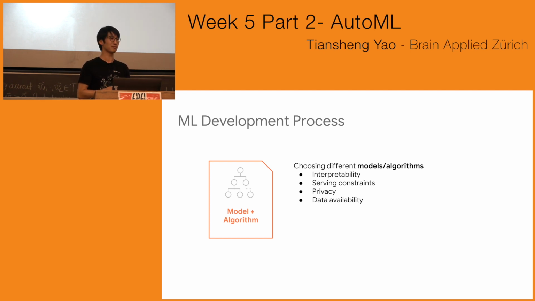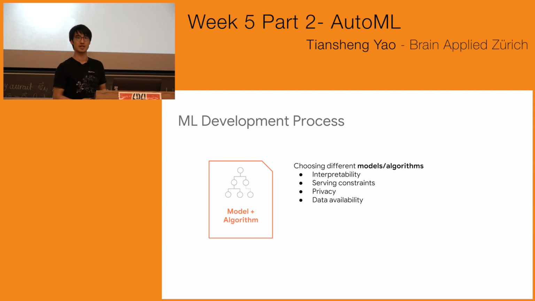There are definitely more than two models in the real world, and you're not going to learn all of them. But if you dive into the machine learning literature, there are thousands of them. Choosing a different model and algorithm is very important, and it really depends on your problem, like whether you want the model to be interpretable, meaning if I'm going to present the model to someone doing business, can they understand what the model is basing its predictions on, and can we explain the predictions from the model?